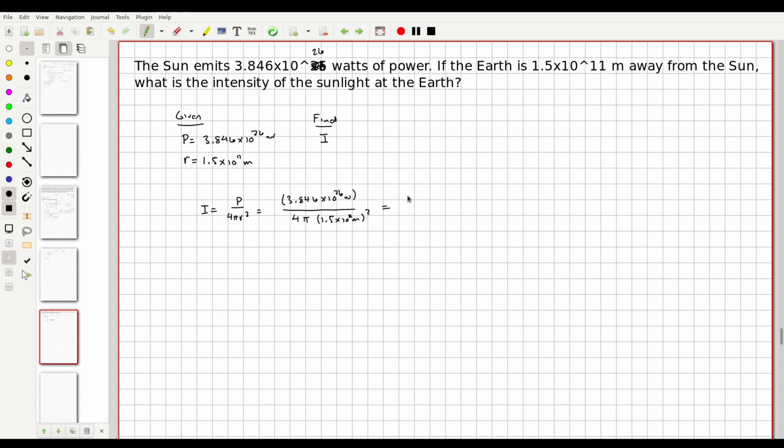Okay, that was weird. A little bit of a typo there. Give me a second here. Then I have to square that. I get 1,360 watts for every square meter.